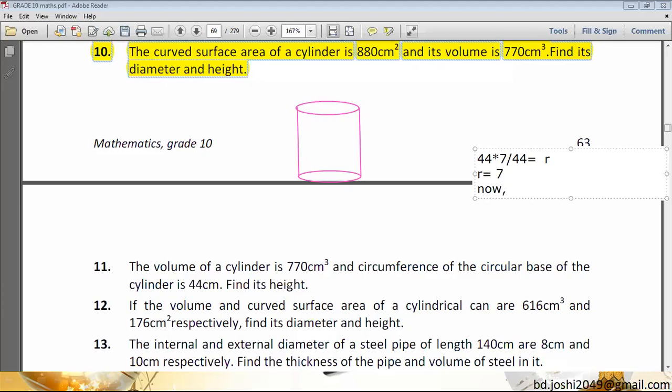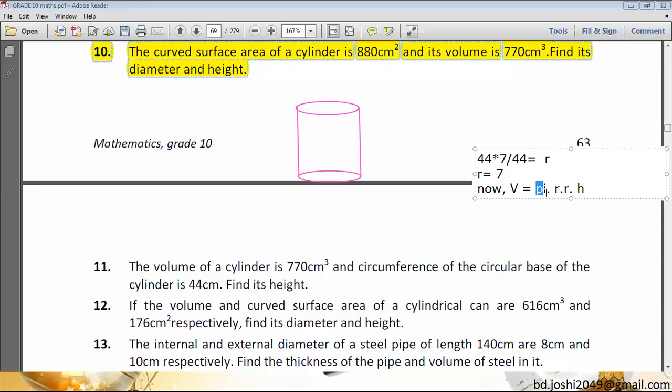Now use the formula of volume. Volume of cylinder is equal to pi r square h.